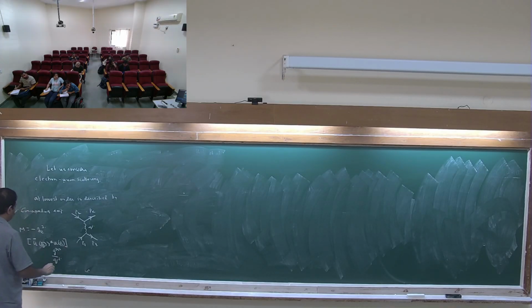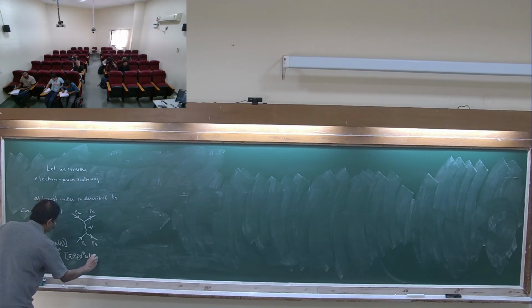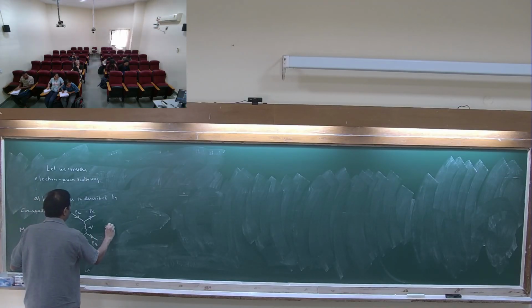Okay, so what comes next? How about a ū(p4), then a γ^ν, and u(p2), okay? No problem. So q equals p1 minus p2.